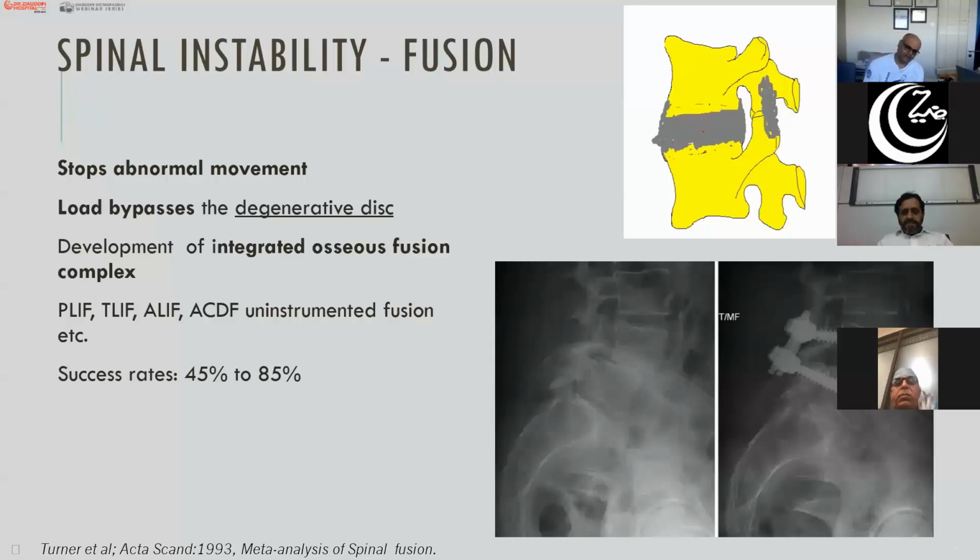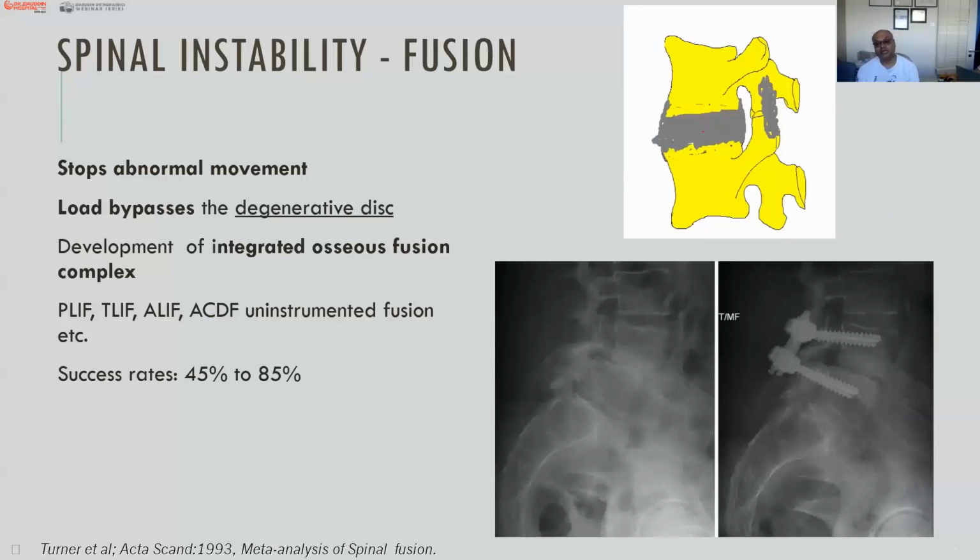Again, stepping back, what is the treatment for a degenerate disc with instability? At present, the gold standard is still spinal fusion, and the spinal fusion is done with the help of pedicle screws and cages, and you can do PLIF, TLIF, or ALIF, whichever way you want to go. PLIF is posterior lumbar interbody fusion, TLIF is transforaminal, ALIF is anterior.